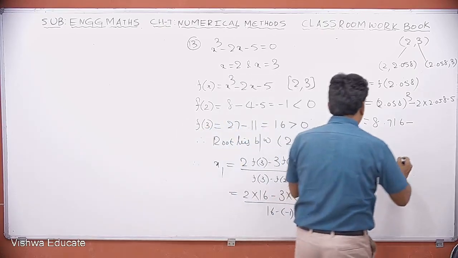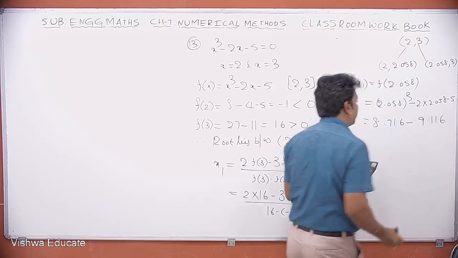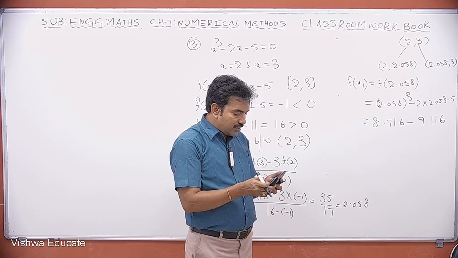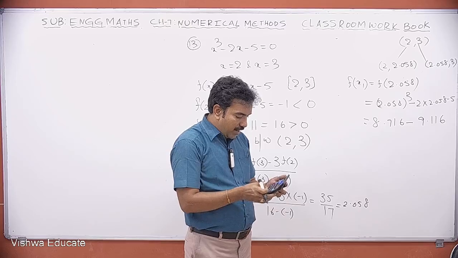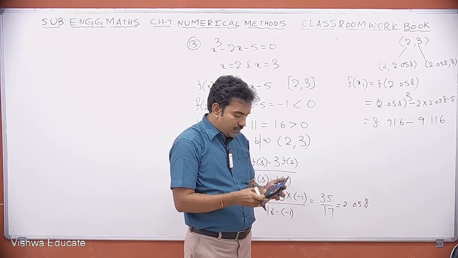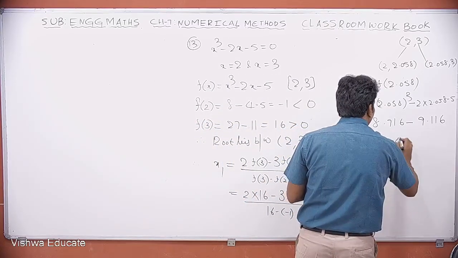So the total expression is, minus 9.116. So therefore this is 9.116 minus 8.716. So therefore this is minus 0.4.